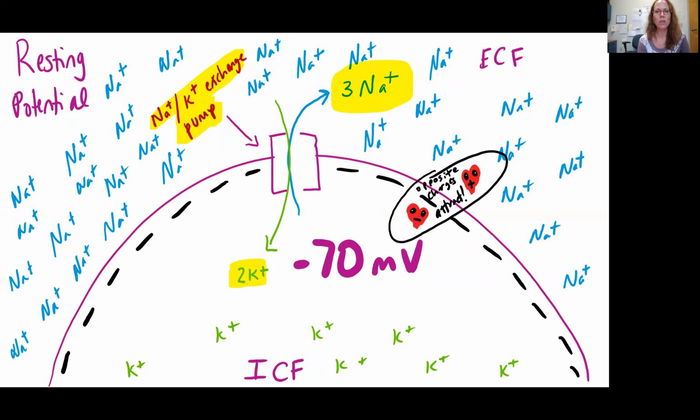We said that the sodium-potassium exchange pump has set up a high concentration of sodium in the ECF, low concentration of potassium inside the cell. Negatively charged proteins are all hanging out right inside the membrane, super attracted to all that sodium on the outside, giving us a resting membrane potential of negative 70 millivolts.